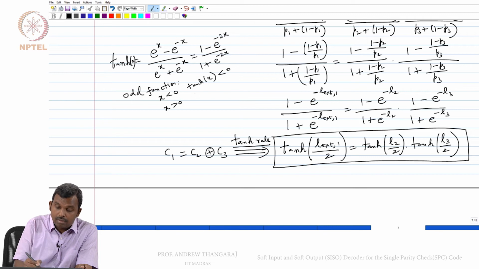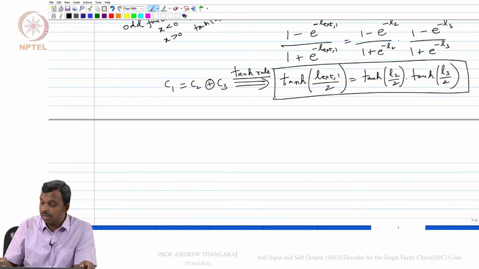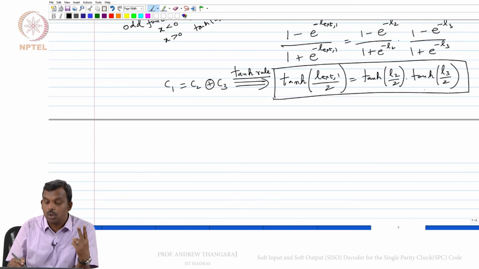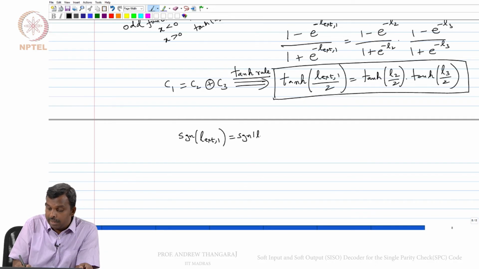If x is positive, tanh is greater than 0. So the sign of x and the sign of tanh of x is exactly the same. So this equation involving tanh can be written in two different ways. One is sign of Lext1 equals sign of L2 times the sign of L3.